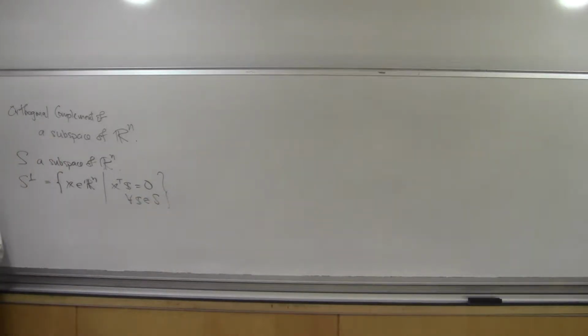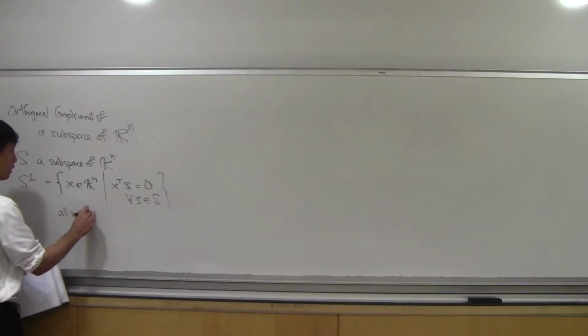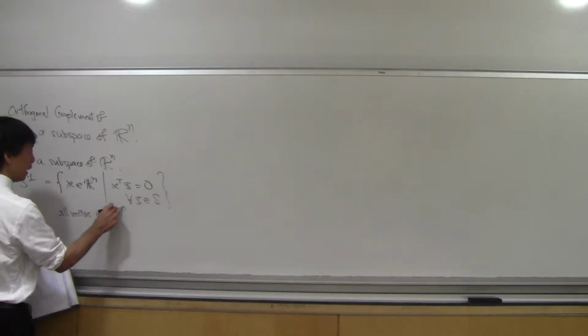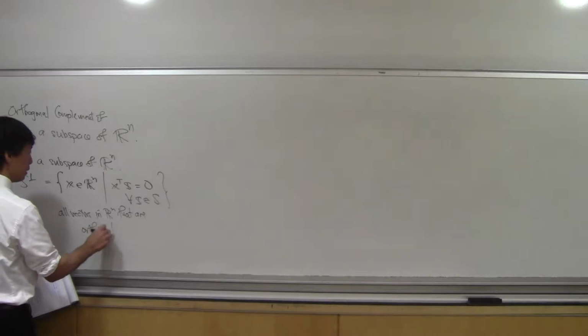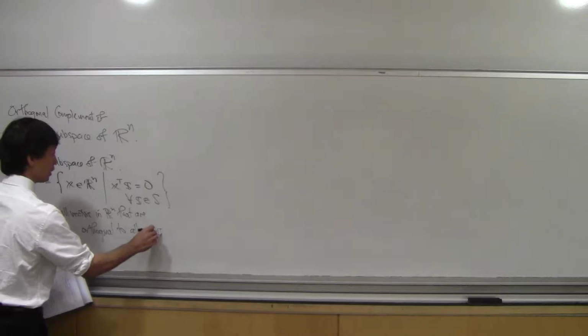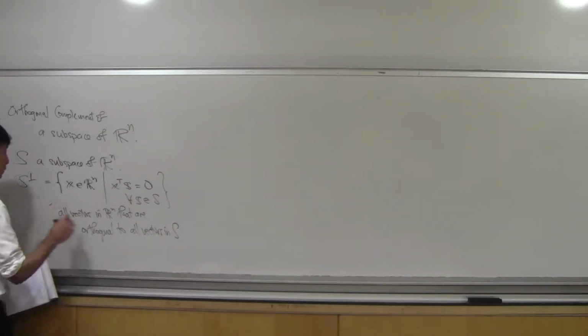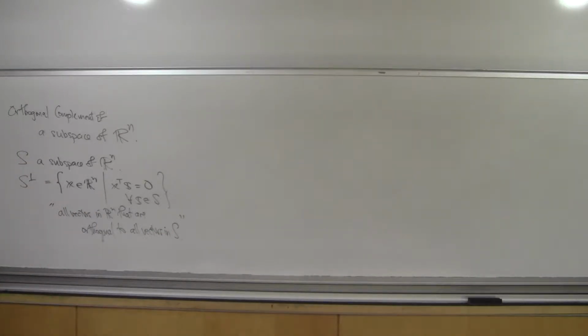All the vectors in Rn that are perpendicular to all the elements in S. It's all vectors in Rn that are orthogonal to all vectors in S. Right? So that's the orthogonal complement, right? Everything that is orthogonal to everything in your subspace, right?